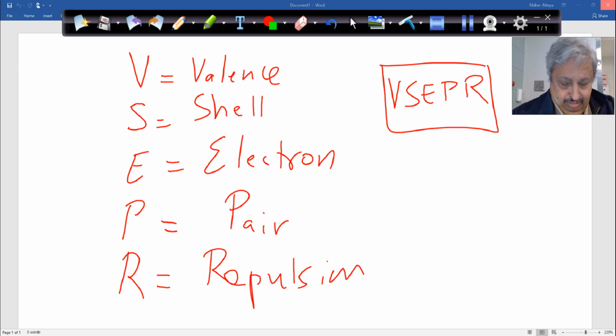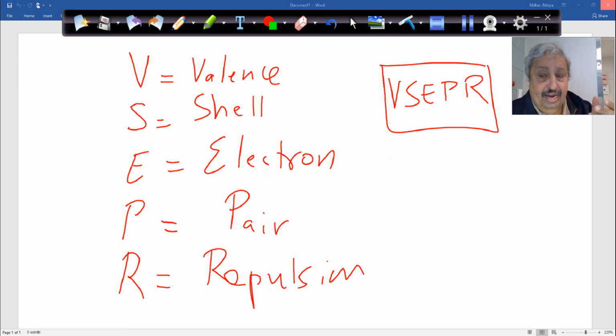Physical and chemical properties will depend on the shape of the molecule.